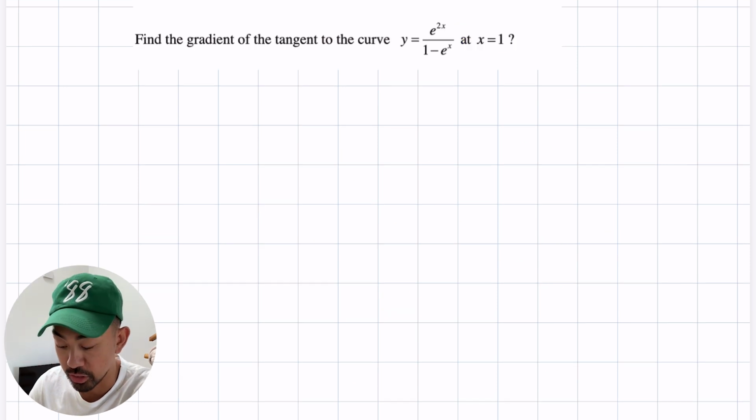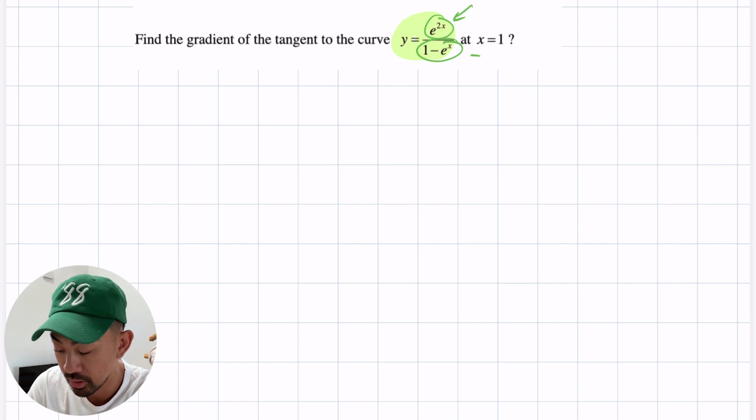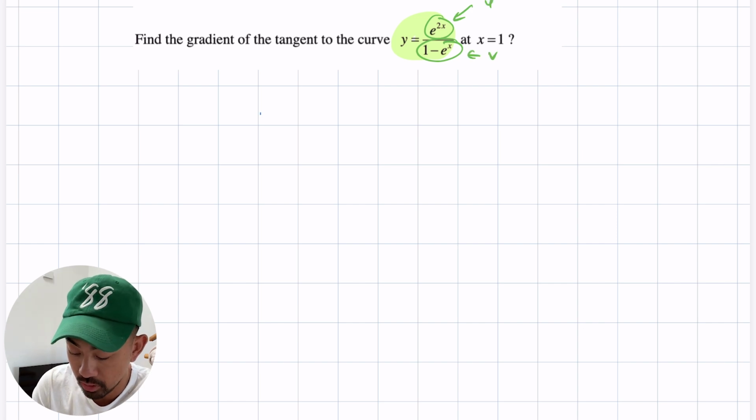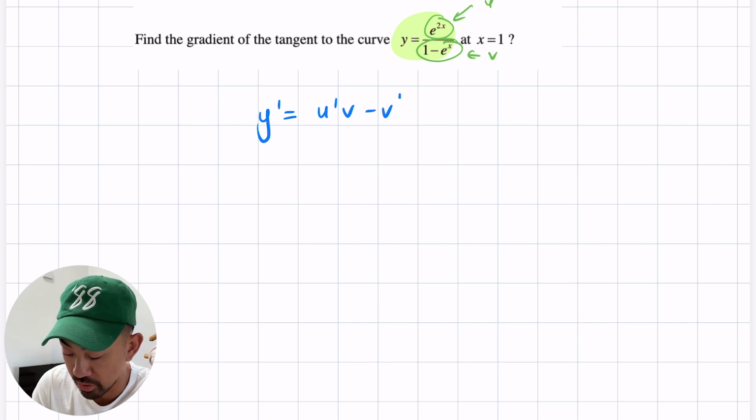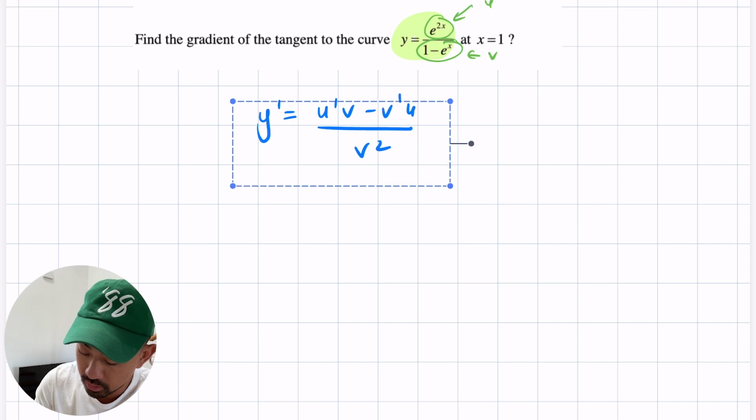Find the gradient of the tangent to the curve, this function here, when x is equal to 1. Now, here you've got a function at the top, and here you've also got another function at the bottom. So that's going to tell us we need to use the quotient rule. So y dash is u dash v minus v dash u over v squared, like so.